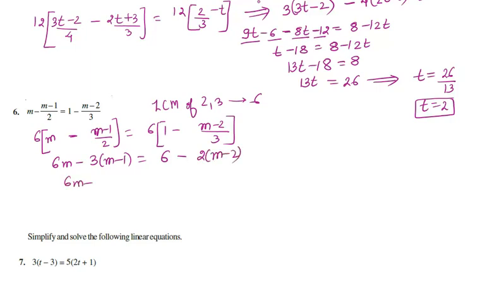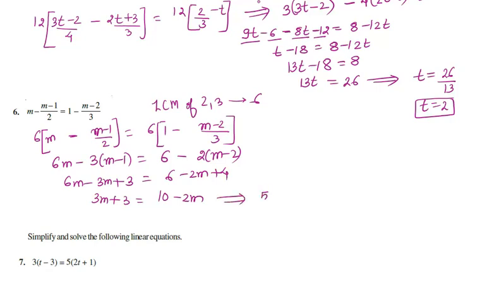So 6m minus 3m, negative and negative will become positive 3 equals 6 minus 2m and positive 4. Now 6m minus 3m will be 3m plus 3. On the right, 6 plus 4 would be 10 minus 2m. Let's add 2m on both the sides.